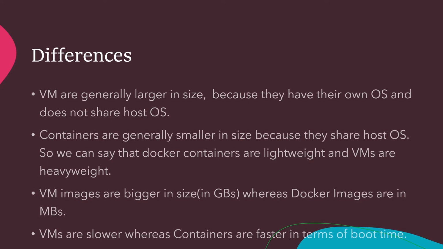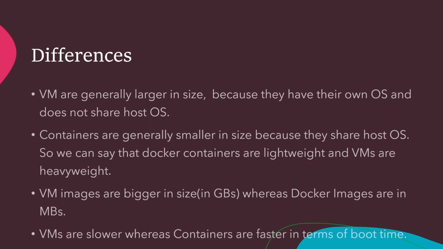The virtual machine images are bigger, they are in GBs, whereas Docker images are smaller, in MBs. The reason is each virtual machine image needs to have the operating system, whereas Docker images only contain the application specific data.